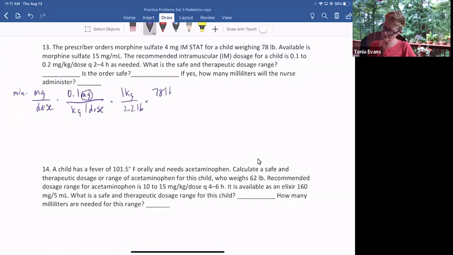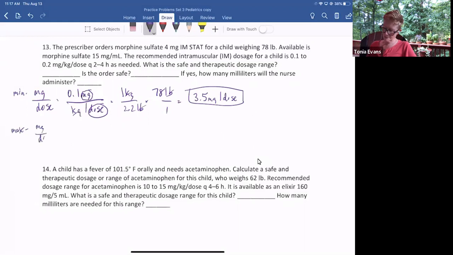Our kiddo weighs 78 pounds. Pounds, kilogram. Dose is already there. So we've got 0.1 times 78 divided by 2.2, 3.5 milligrams per dose, minimum.